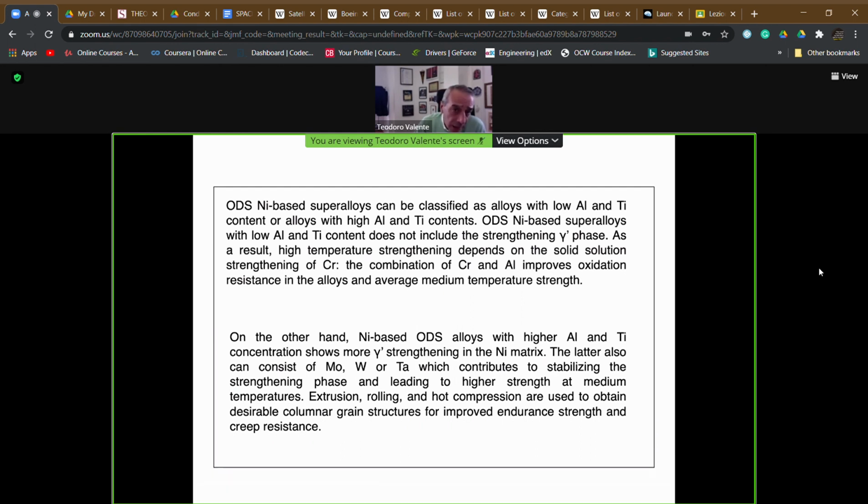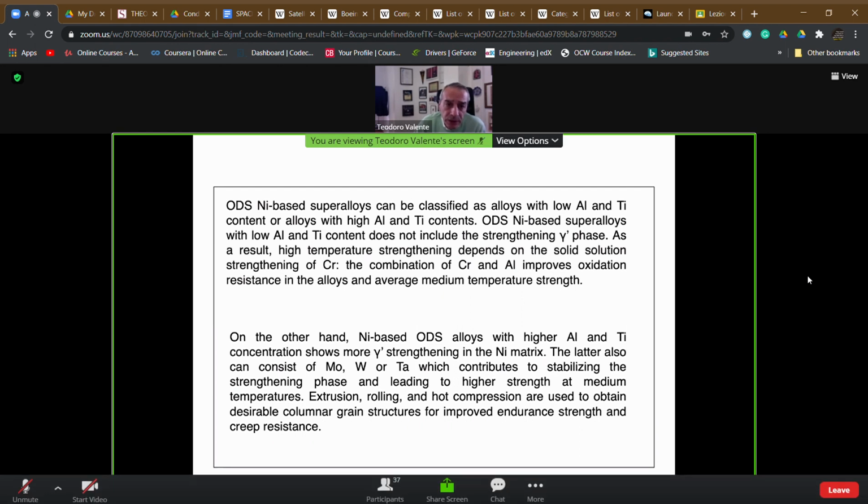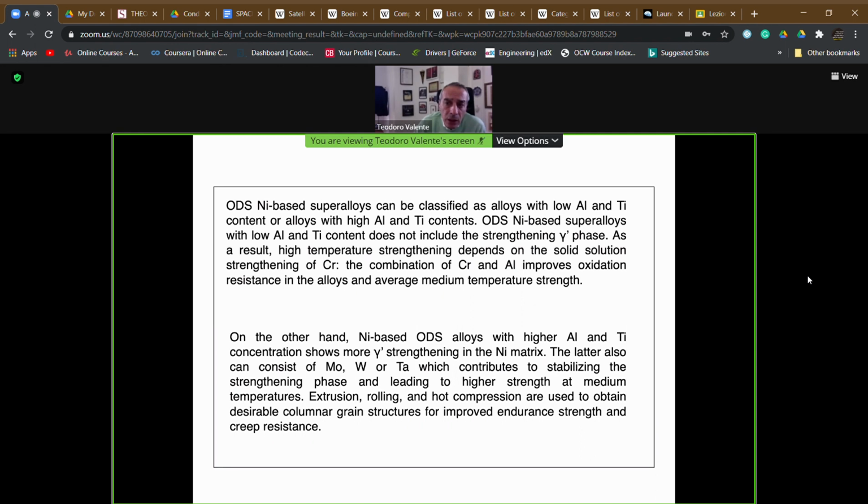We can have high aluminum and high titanium, or low aluminum and low titanium. The ones with low content of aluminum and titanium cannot be strengthened with the gamma prime phases that we studied when we talked about nickel-based superalloy materials in general.